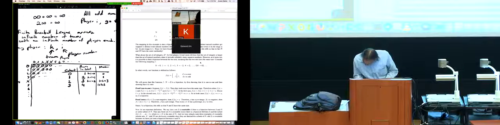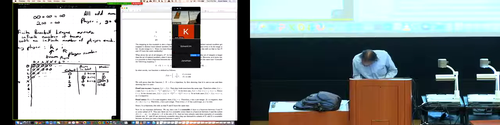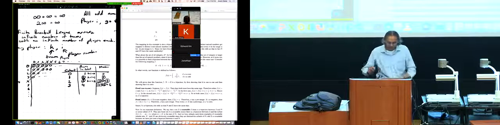So this 2 is this 2. This 1 is this 1. This 3 is this 3. This 1 plus 2 is this. 1 plus 2 plus 3, which is 6. So does everyone understand what's happening here?